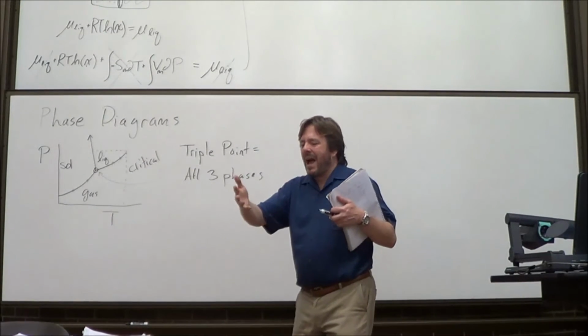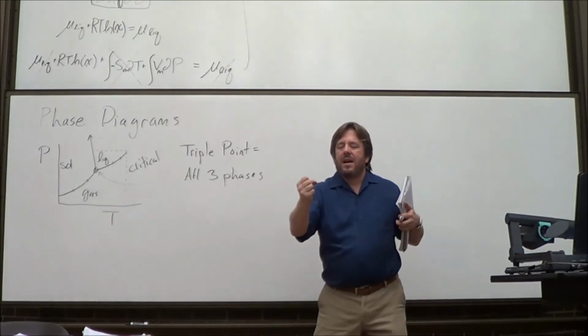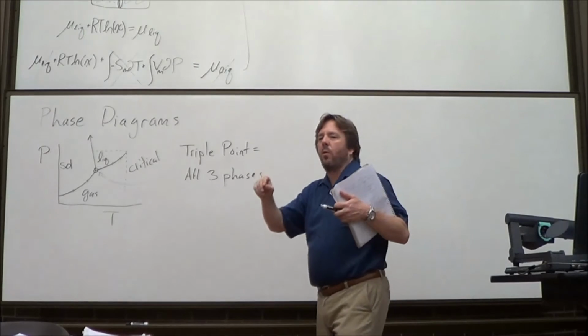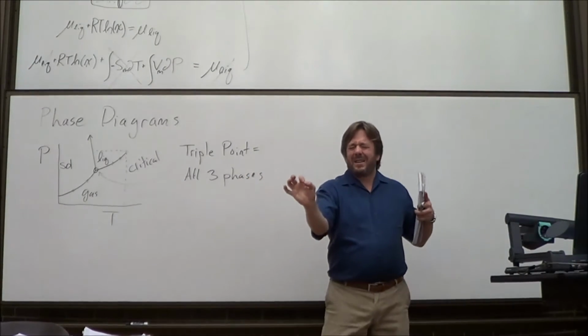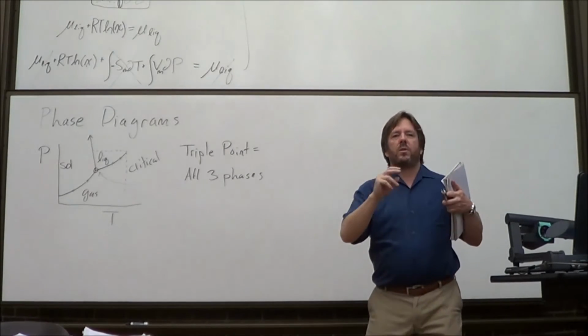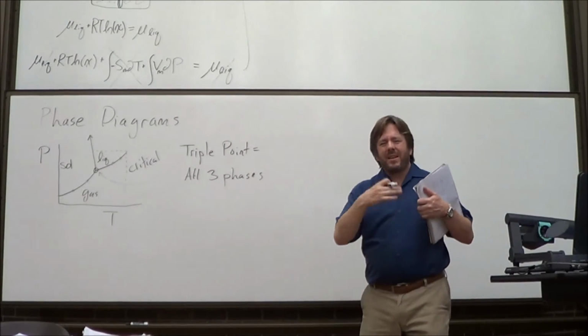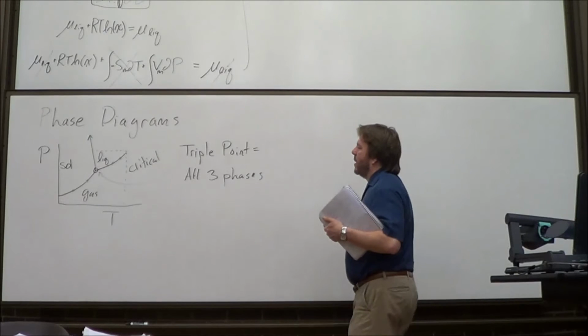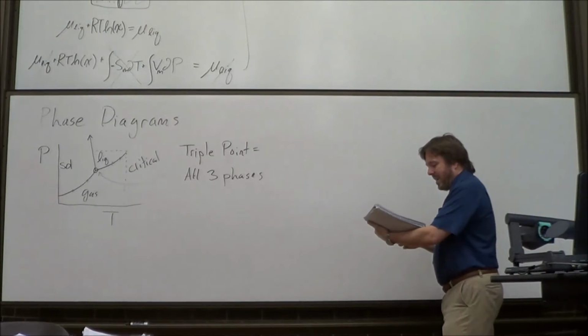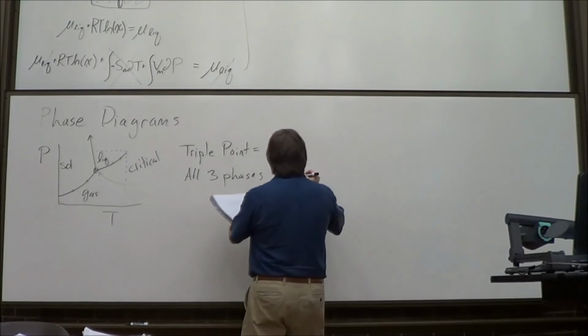It means that with just a little bit of heat, the liquid would disappear and turn into a gas, almost on a whim. Cool it just the tiniest bit, delta T, and all of a sudden all the gas would turn to a liquid in the blink of an eye. So that's what it means to be at equilibrium, and it's really not all that easy to be truly on one of those lines.